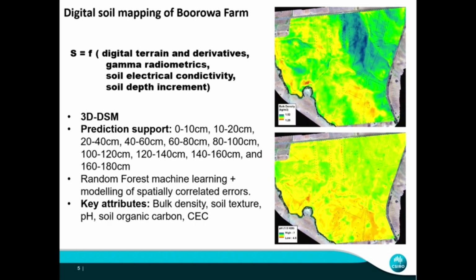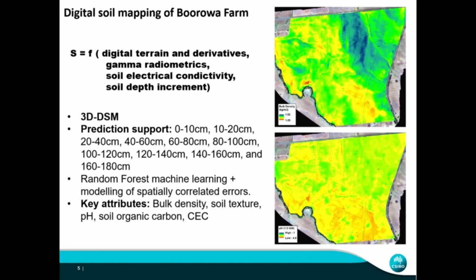So in this case here, we've got bulk density at a 5 metre spatial resolution, and this is just showing the surface, but we've also got this at all depths, so it's a three-dimensional characterisation of the soils across the farm. Bulk density is really difficult to measure, but utilising that core scanner, we can actually get really good, high-value estimates across the whole farm.